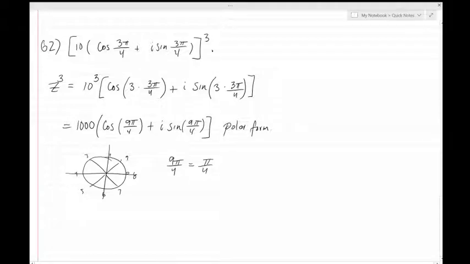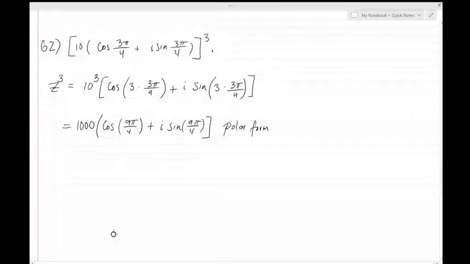Okay, so cosine at pi over 4 is the same thing as cosine of 9 pi over 4. So 1000 times square root of 2 over 2 plus i times square root of 2 over 2.